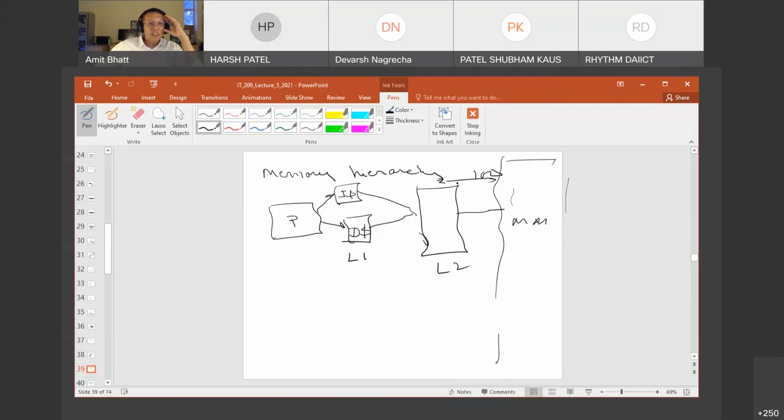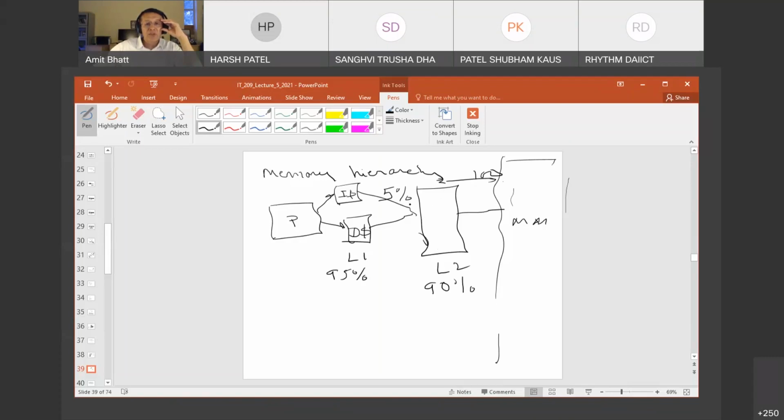Now, you may say that 95% of the time, or more than 95% of the time, whatever you are looking for, either instruction or data, you will find in this first level cache. That 5% of the instruction or data which has to go over here, out of this 5%, again 90% you will find over here.